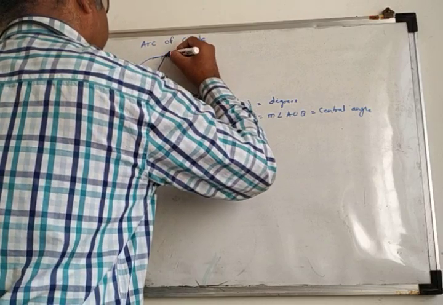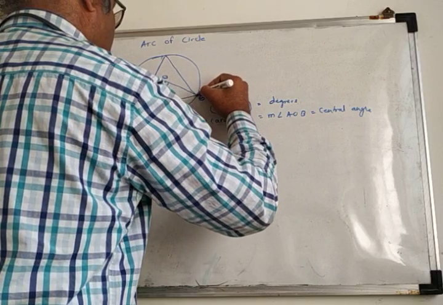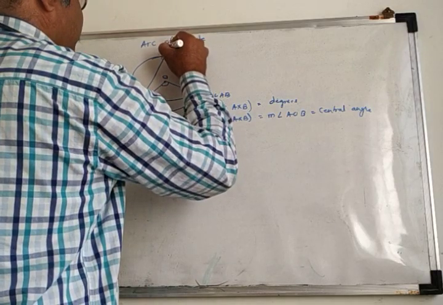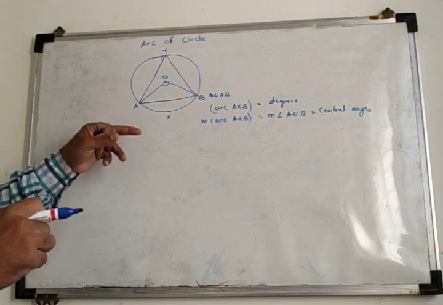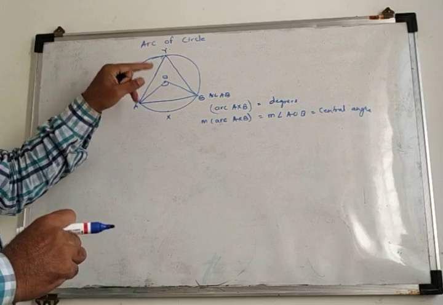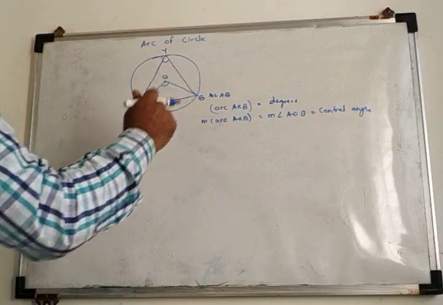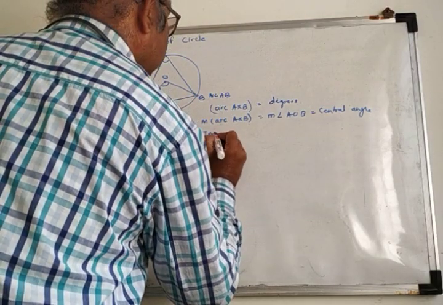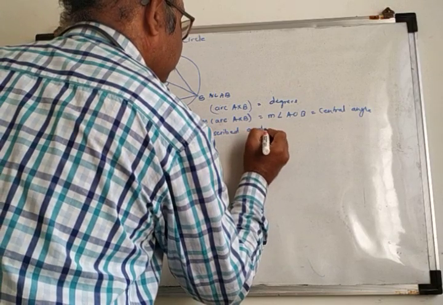If I join and take a point Y, this chord is responsible for the angle AOB, the angle at the center, and the angle AYB is also made by the same chord AB or the same arc. Therefore, this angle is called an inscribed angle. Look, this is an inscribed angle.